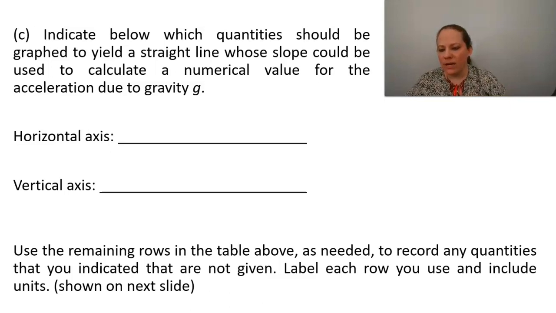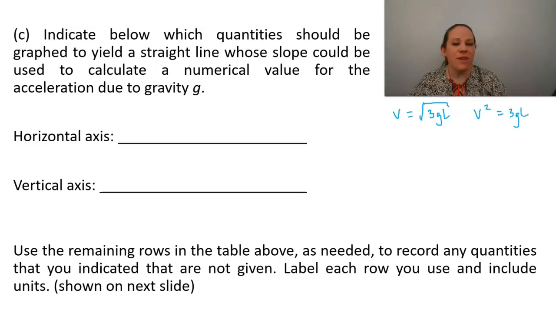Well, hey, we just saw in that last part, we had this expression. We just saw V equals the square root of 3GL, which is also the same as V squared equals 3GL. So that gives us a couple of nice clues of what we can use.